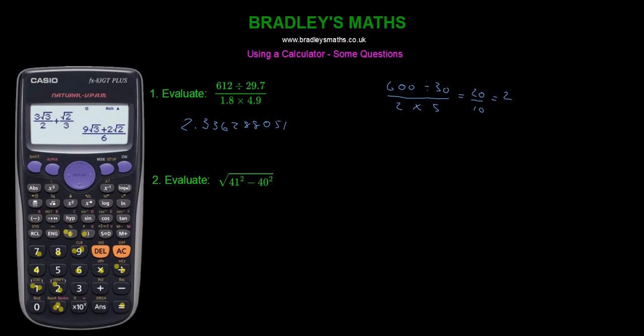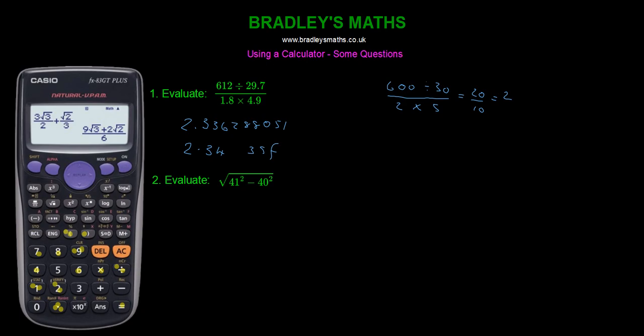Okay, and that's what you need to do. And then they ask you to give it to 3 significant figures. So this would be 2.34 to 3 SF. 2.34, 2, they're about the same. You've got a good chance of this being right.